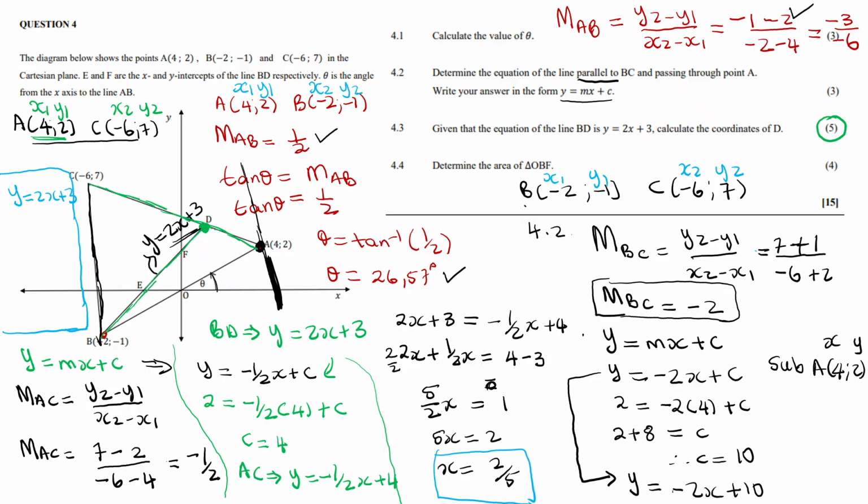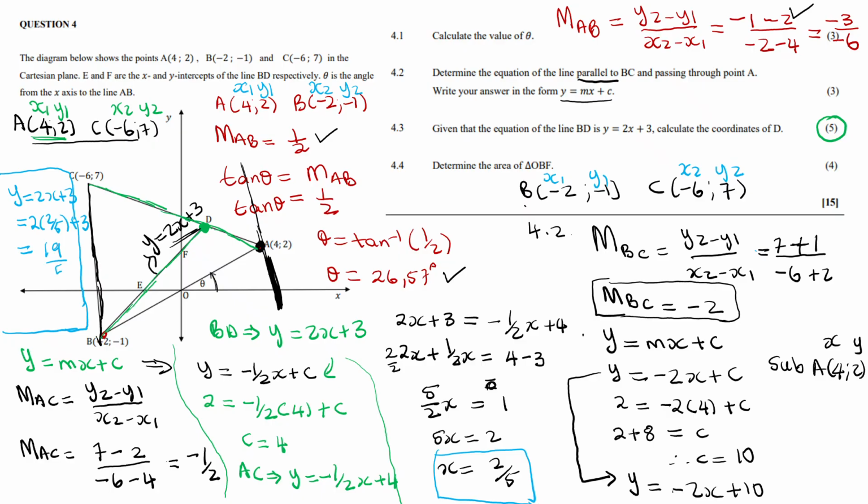Where there's x, we put 2 over 5, plus 3. Then what is the y value? It's 2 times 2, which is 4 over 5, plus 3. So 3 times 5 is 15, plus 4 is 19. The answer is 19 over 5.